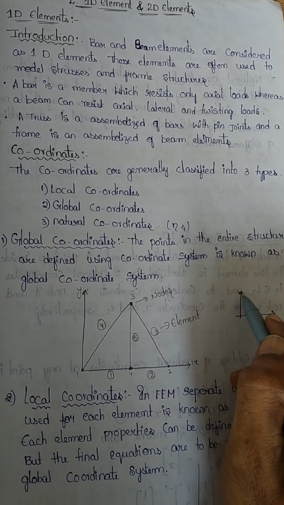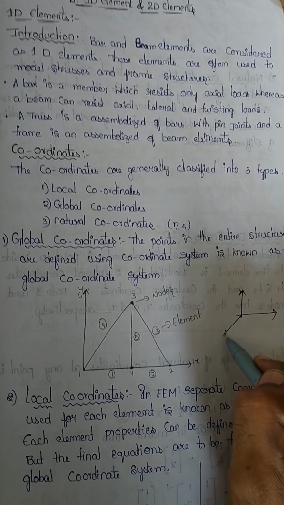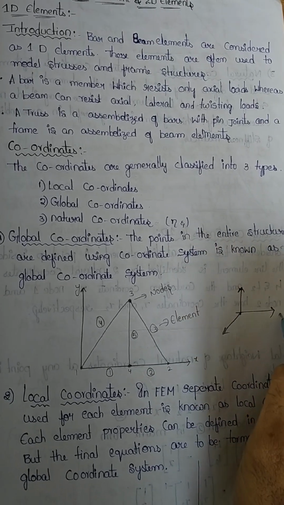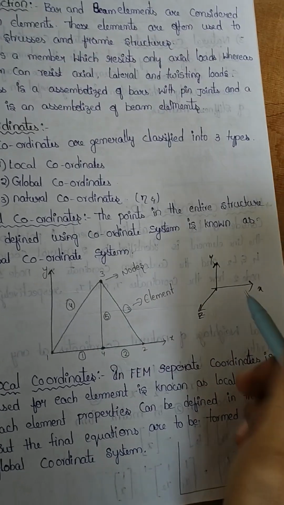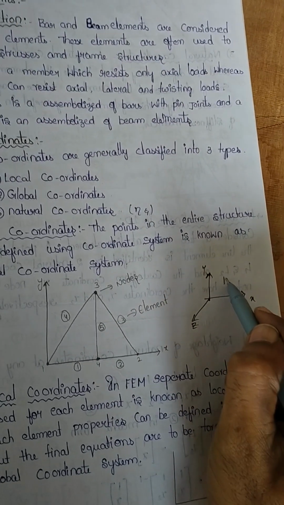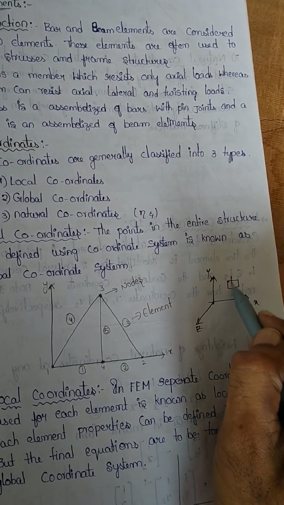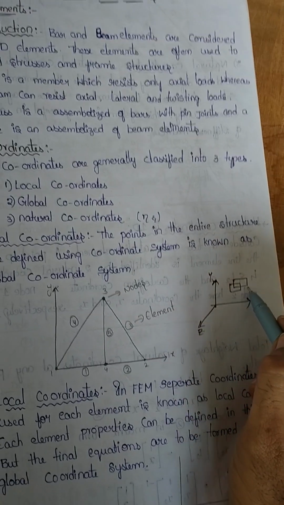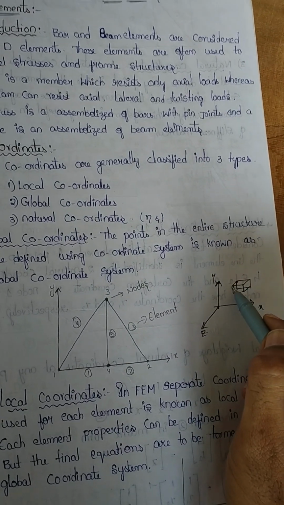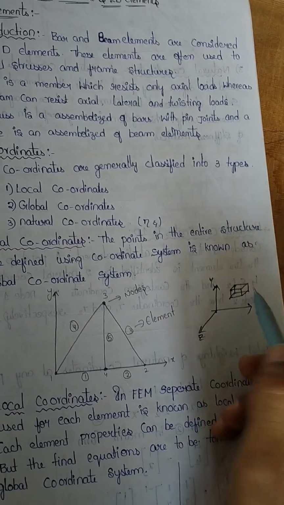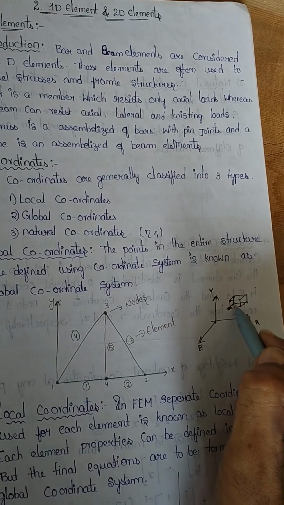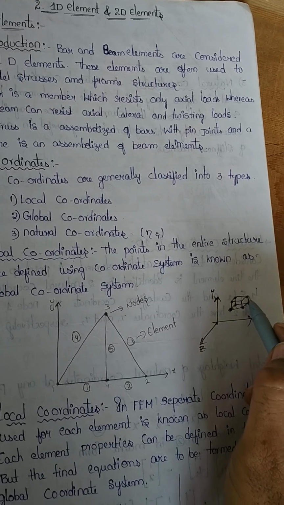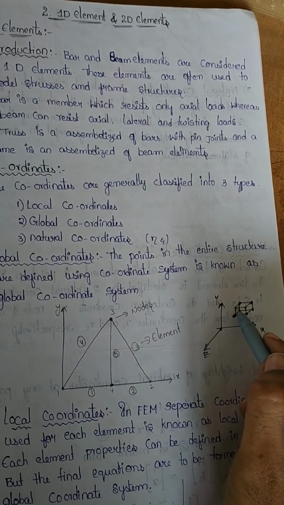If it is a space coordinate system, so x, y and z. If a brick is placed on the earth surface, how many nodal points does this brick have? 1, 2, 3, 4, 5, 6, 7, 8.